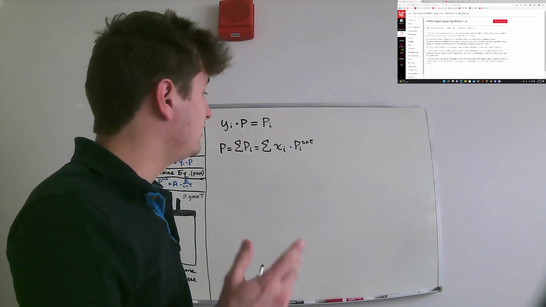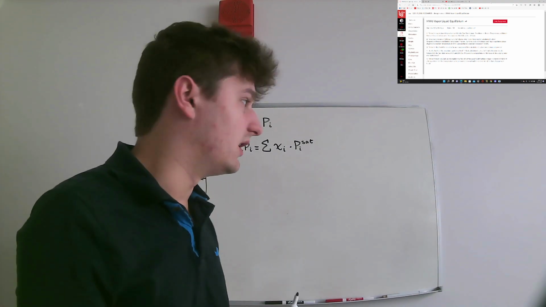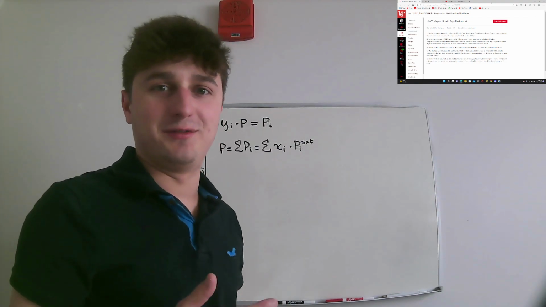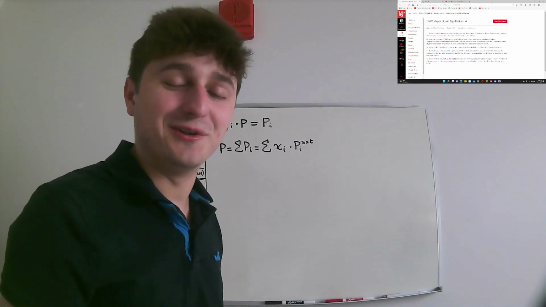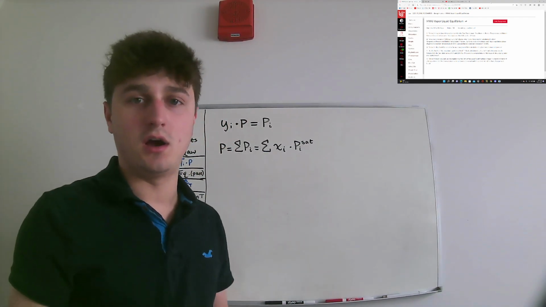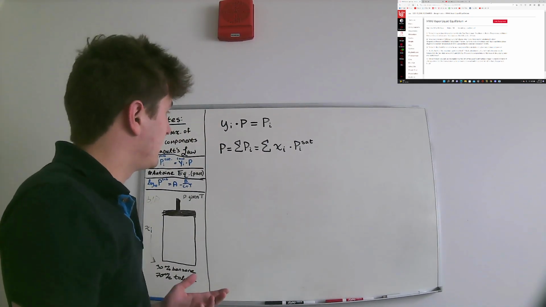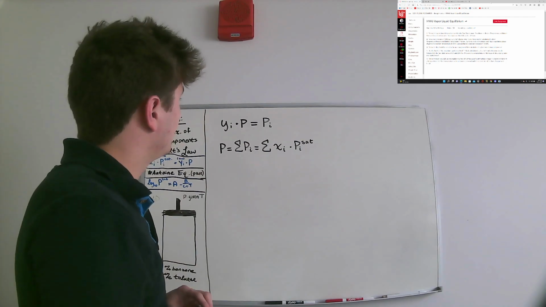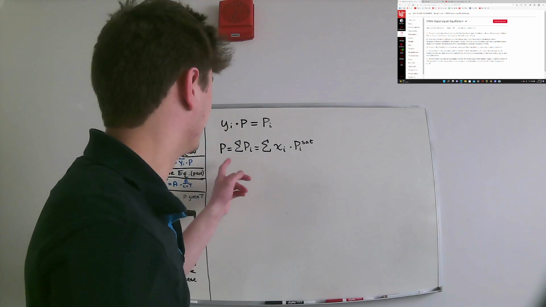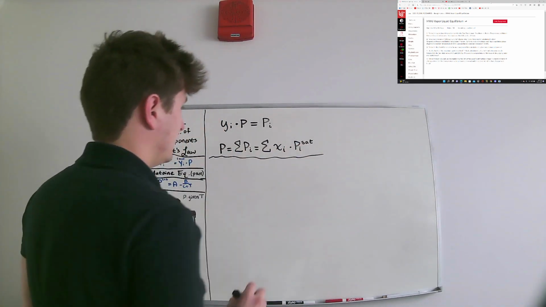The bubble pressure is the point at which the first bubble, I wouldn't say drop, of vaporization, but you know what I mean, the first moment that any vaporization happens. Since we know the temperature, both of these are known, and we can pretty easily calculate this bubble pressure.